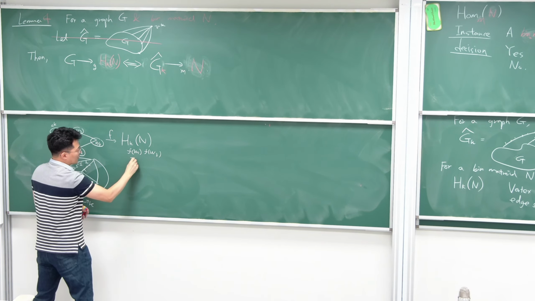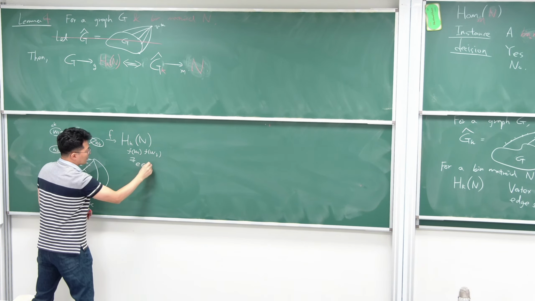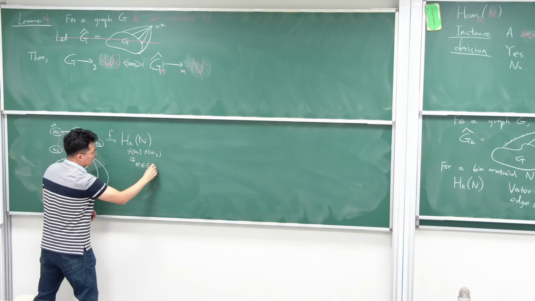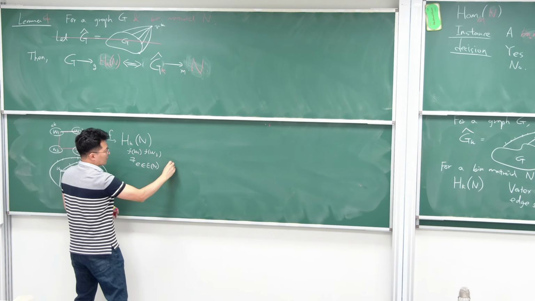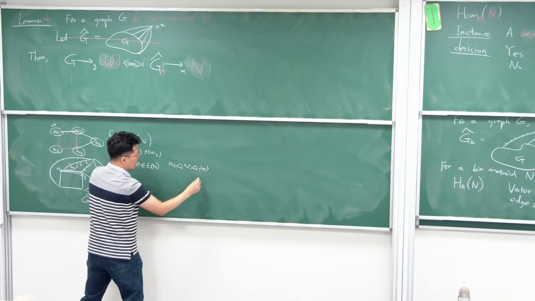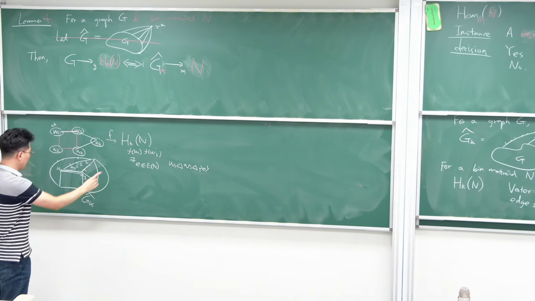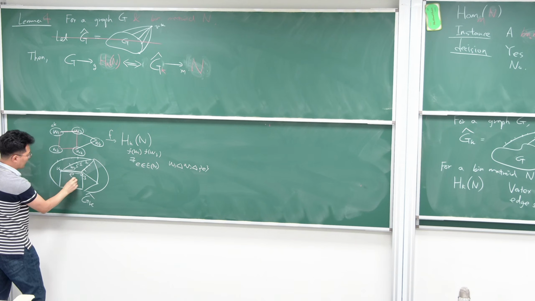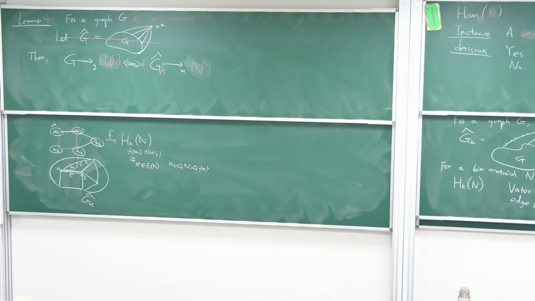That means there is an element E of N such that W1, W2, and E form a cycle, and we use that E here to color this one. And then we use the same argument. So for every fundamental cycle we have a correct coloring, and the other cycles we get for free.